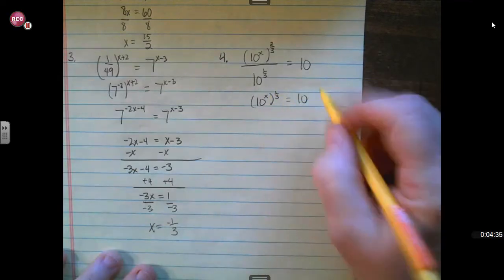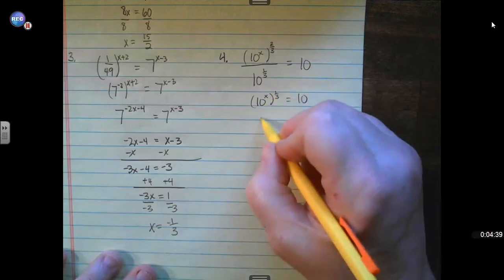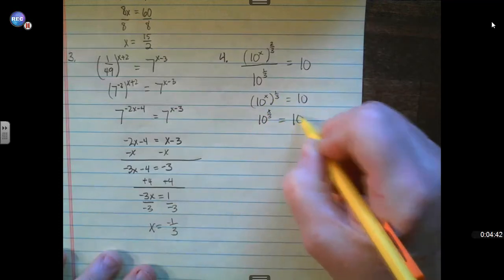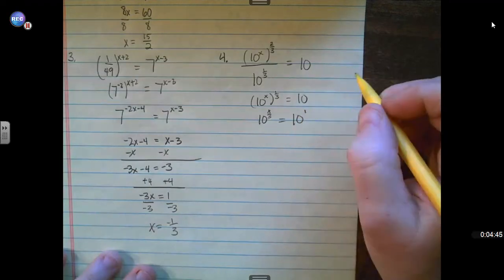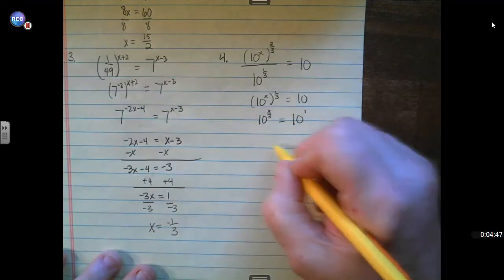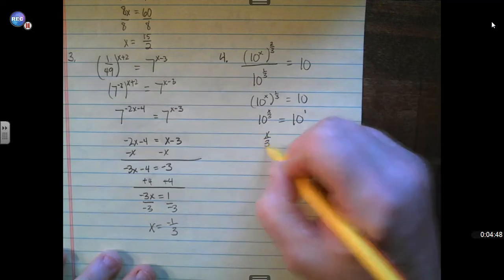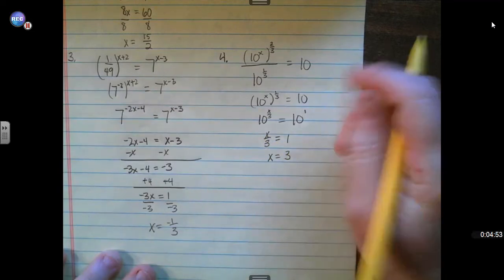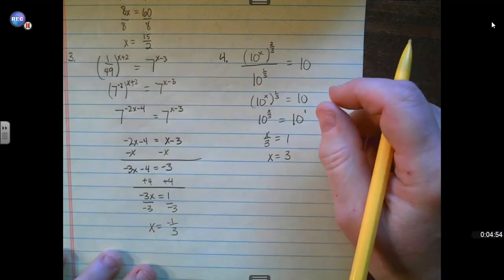And then again, I would multiply these exponents. So that's 10 to the x over 3 equals 10 to the first power. And so my equation is x over 3 equals 1. Multiply both sides by 3 or cross multiply, you get x equals 3.